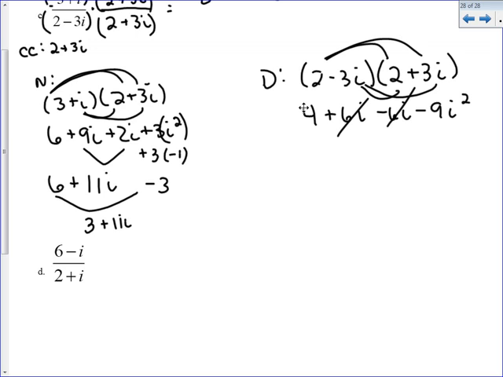So I'm almost free of i's. What else do I need to do? That negative 9i squared is negative 9 times negative 1. It's positive 9. So I just have 4 plus 9, which is 13.